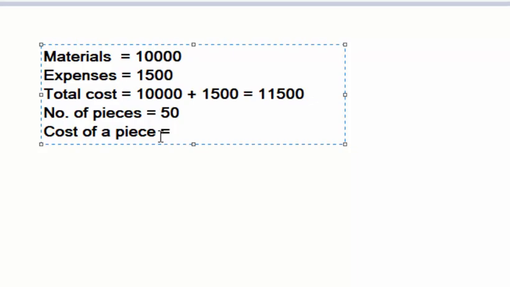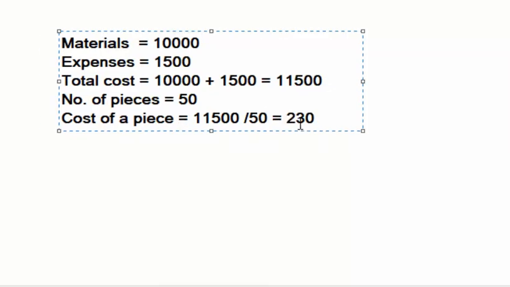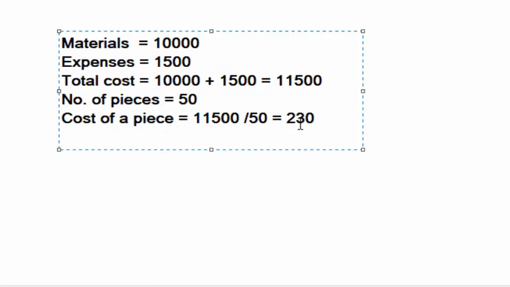I'm going to take 11,500 divided by 50. So it simply means this is the price of the material which made one piece. I'm not counting my profit.